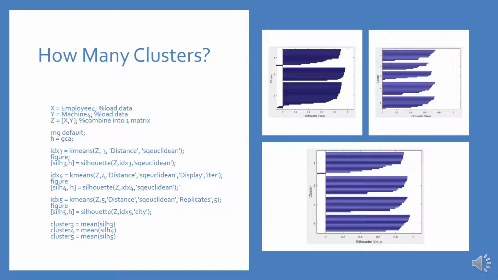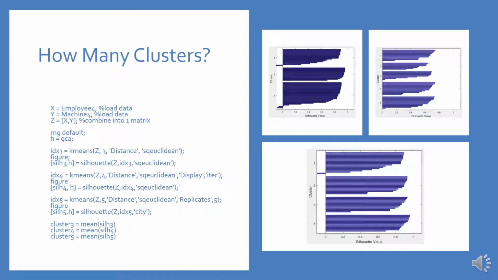The rng default is just allowing it to be used over and over again. Then IDX3, IDX4, IDX5 is where the actual k-means clustering is occurring. In the k-means parentheses, you see the Z, and that's our data. The 3, 4, and 5 represent how many clusters we're testing.